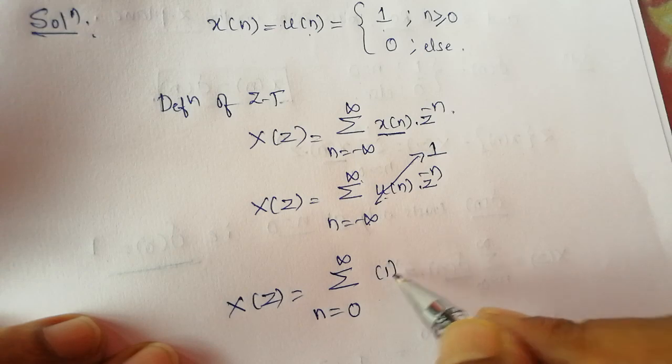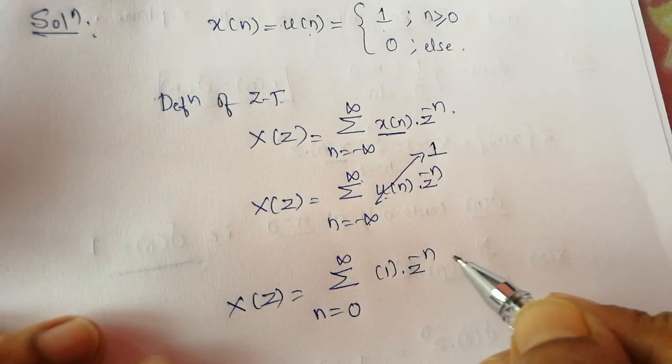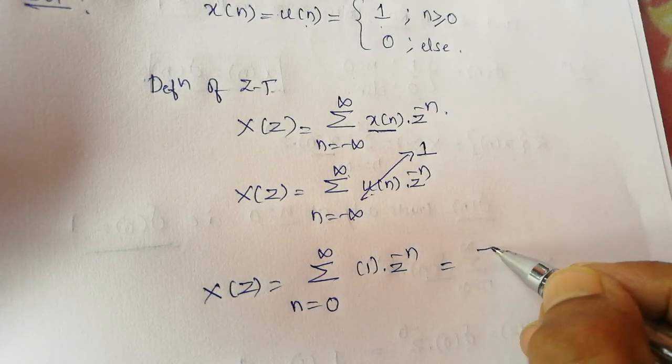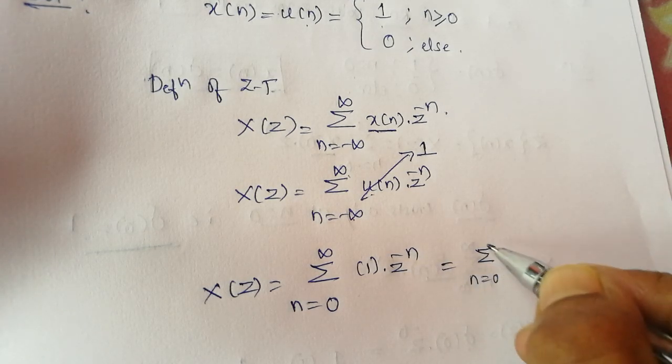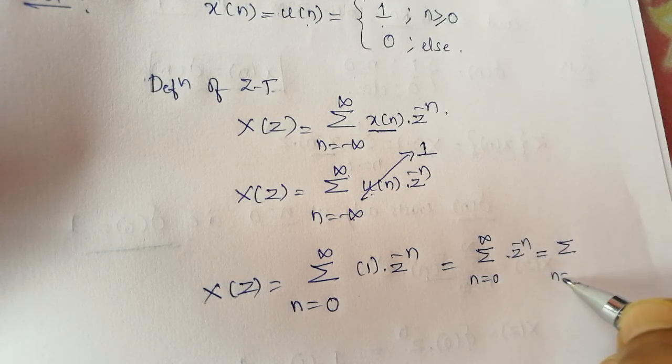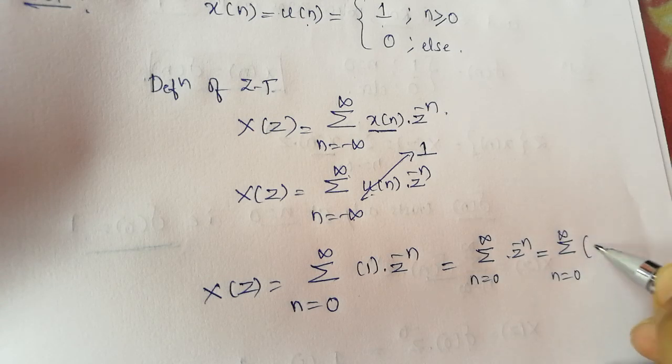So what we got is the summation from n equals 0 to infinity of z to the power minus 1, or in another format, the summation from n equals 0 to infinity of (z to the power minus 1) raised to n.